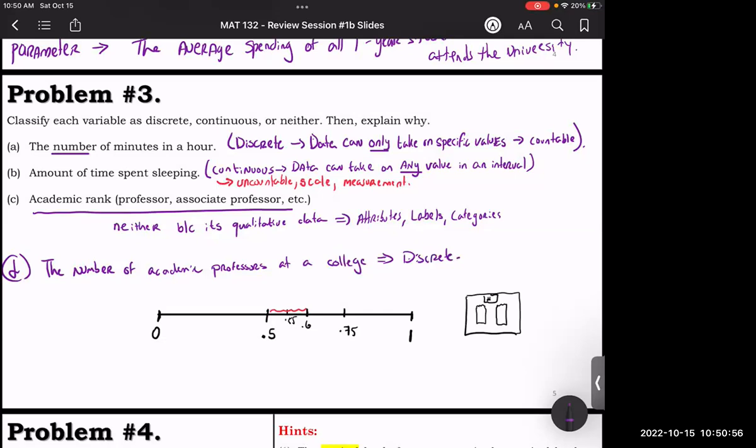No matter what college it is, we can actually count how many professors are working at that college, or employees of that college. So we see the difference between part C and D. Part C just said academic rank, so that implies that we're dealing with qualitative data. Now, if it were talking about the number of academic professors at the college, that's discrete because we can count them.